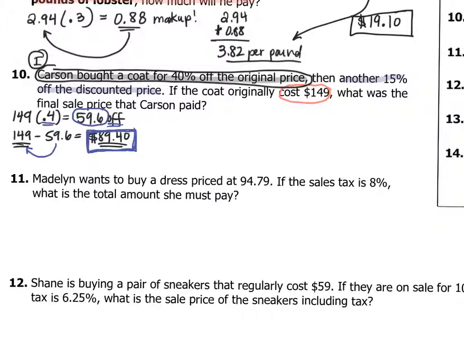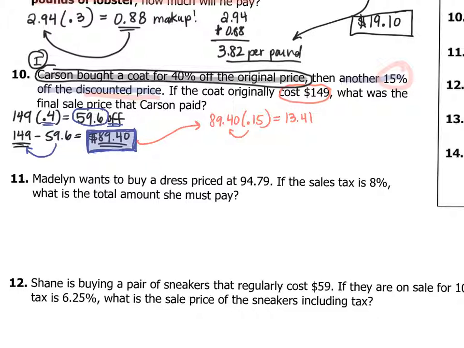Then let's say he had another coupon. So this was what it cost, and he had another coupon for 15% off the discounted price. So now he's got to take that price and take off 15%. So let's take $89.40 and multiply it by 0.15. That's going to be 15% of $89.40. Okay, that's $13.41.